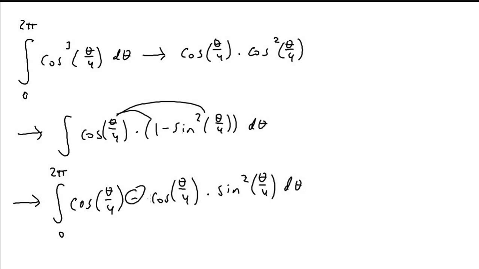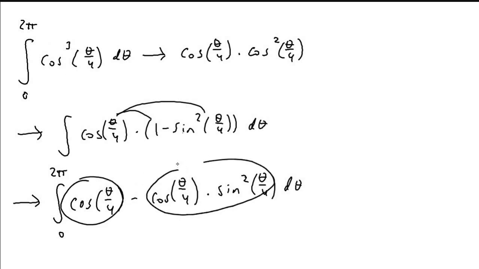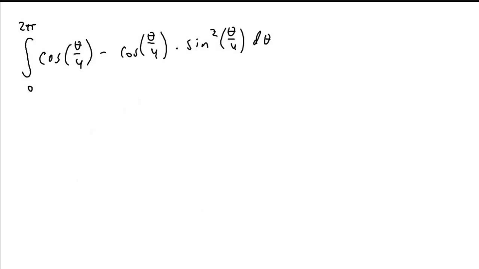Since there's a minus here, we can separate these two into two different integrals. Now the integral of cosine of theta over 4 is pretty easy, so we'll just go ahead and do that one really quickly. The integral of cosine theta over 4 is just going to be 4 sine of theta over 4, minus what we have here.